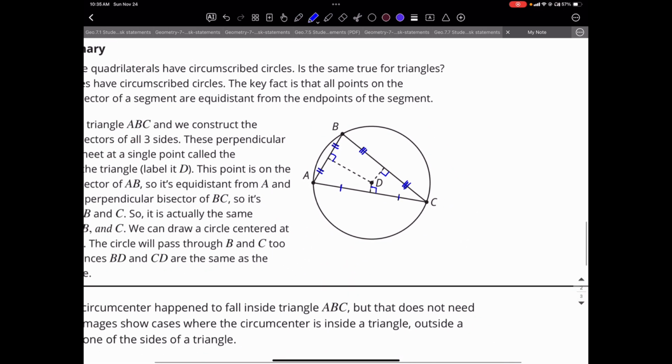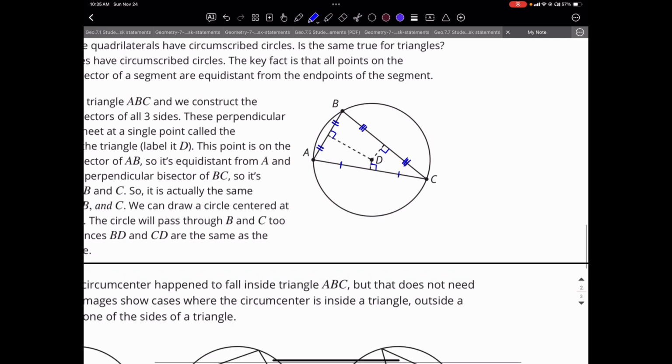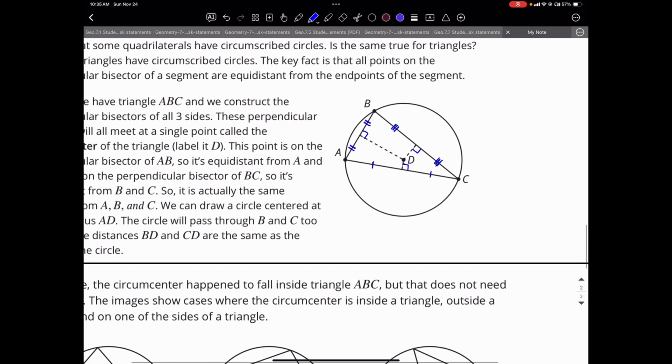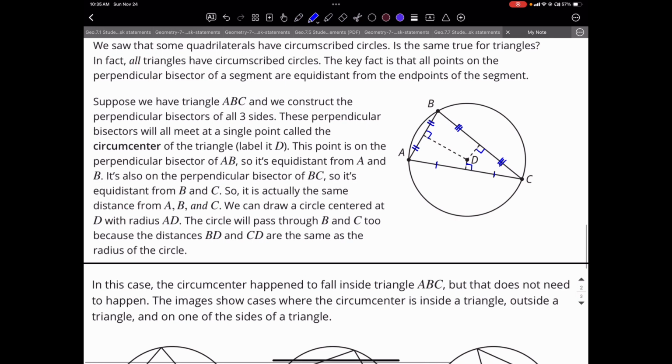When you find those perpendicular bisectors and draw them out completely, where they all intersect is that point called the circumcenter. That's where your circle will be centered, and your radius will just be from that point to any one of those vertices.